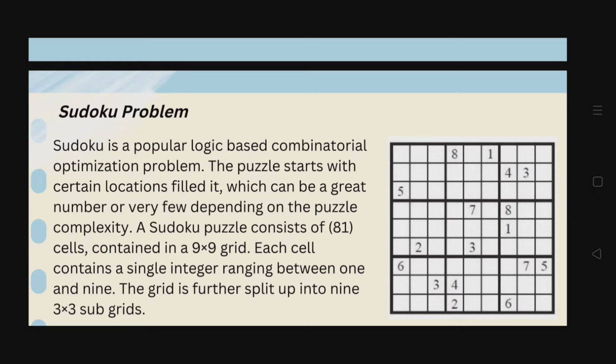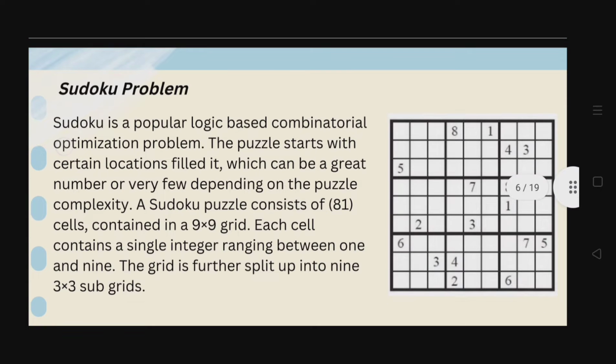The puzzle starts with certain locations filled in, which can be a great number or very few depending on the puzzle complexity. A Sudoku puzzle consists of 81 cells contained in a 9 by 9 grid. Each cell contains a single integer ranging between 1 and 9. The grid is further split up into 9 3 by 3 subgrids.